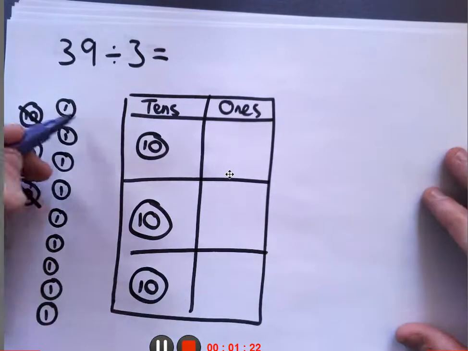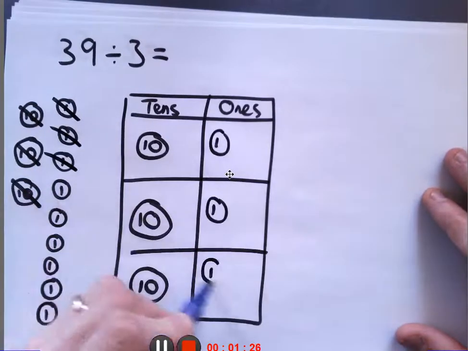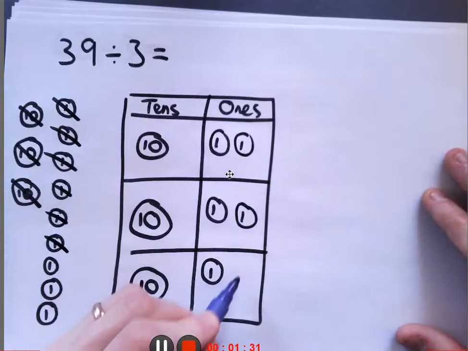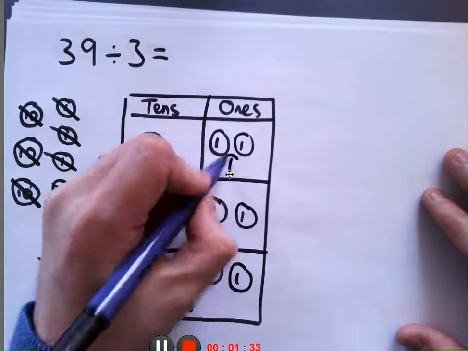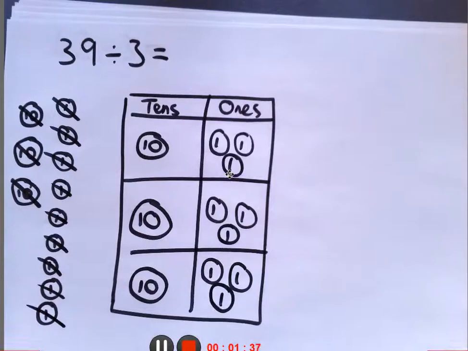Now I'm going to do the same with the ones. Again, making sure I go to each row and it's fair and equal.